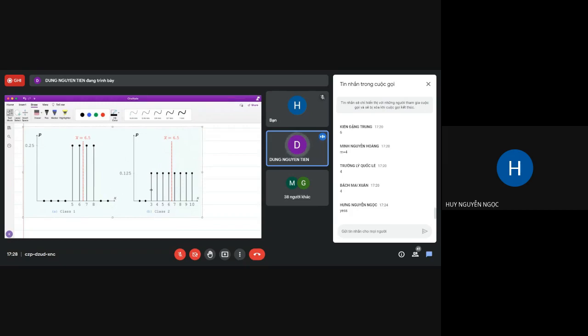And then in the second class, the scores are 3, 4, 5, 6, 7, 8, 9, 10 with the same relative frequencies, 12.5%. The two distributions have the same mean values. Okay, they are 6.5. The average values are the same. So you see that the centers are at the same location.